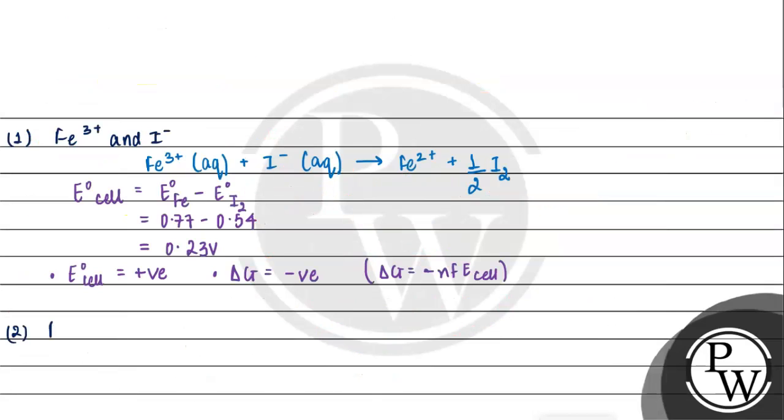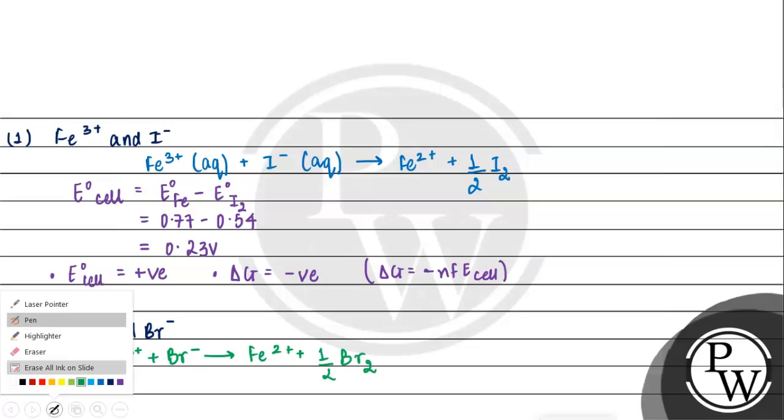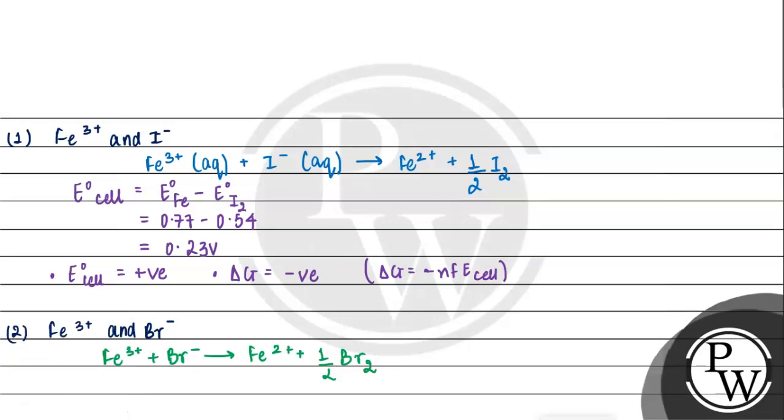Second is Fe3+ and Br-. Now let us write the reaction that is involved. Fe3+ plus Br- gives Fe2+ plus half Br2. तो अगर हम E° cell इसका calculate करें, it will be 0.77 minus 1.09 is equals to minus 0.32 volts.